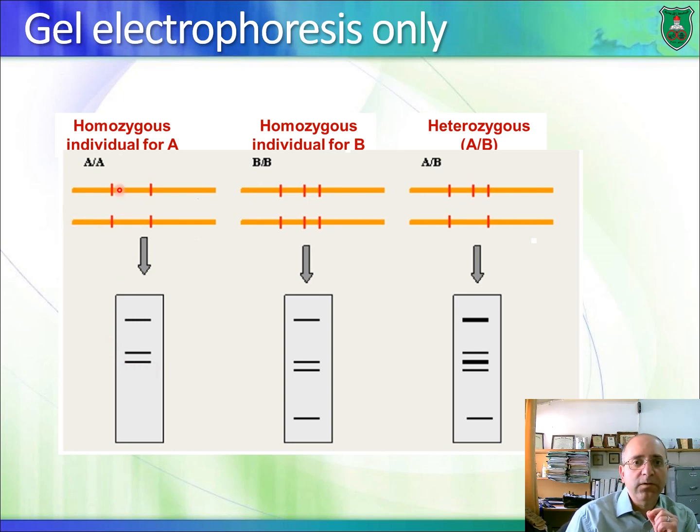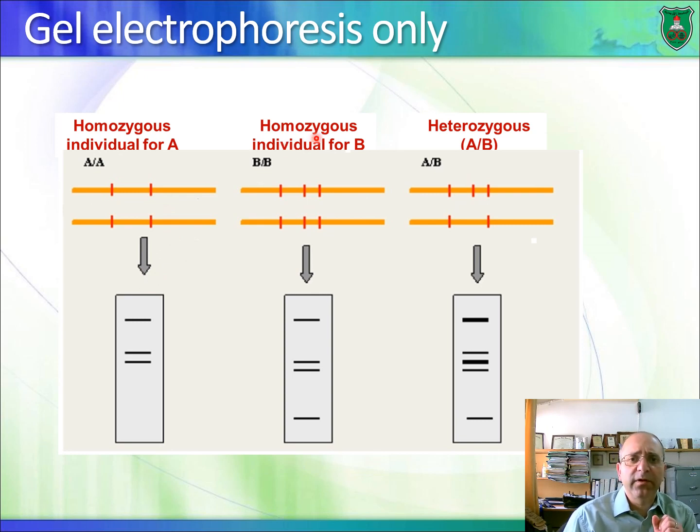Now this one right here runs right there. Okay, great. So you have the generation of six fragments, but in the gel, they look as 3 bands. They run as 3 bands because again they have similar lengths between the 2.